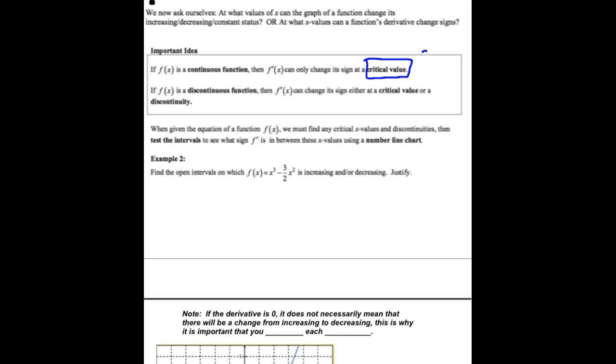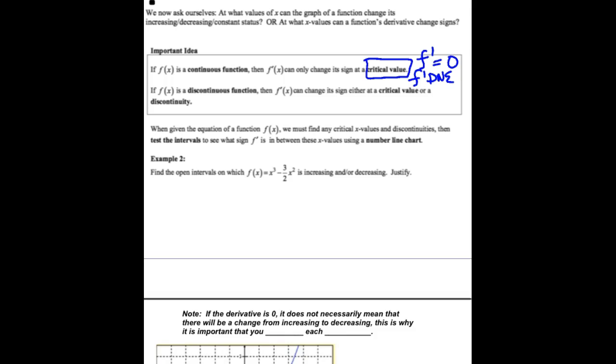So anywhere where the derivative equals 0 needs to get looked at. Or where the derivative what? Doesn't exist, and it could either be, I'm glad you said cusp, because it's not necessarily a cusp. It could either be a cusp or a horizontal tangent line if your derivative doesn't exist. So one of those two things.